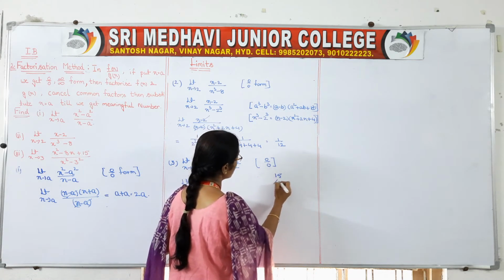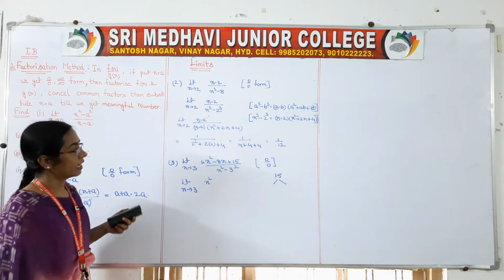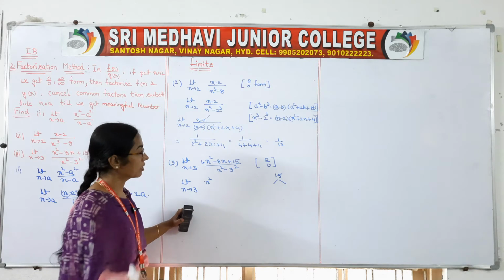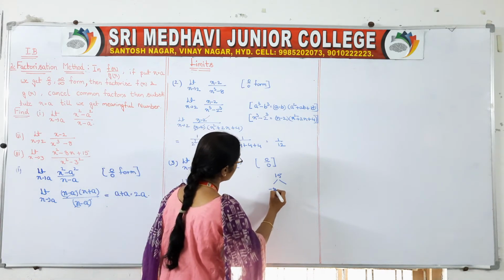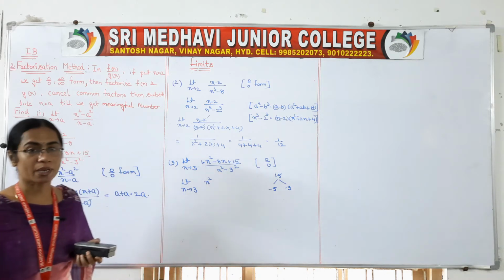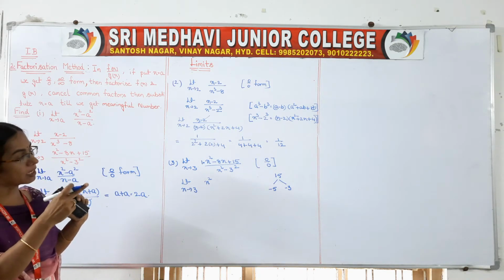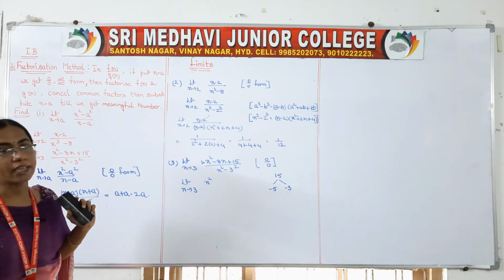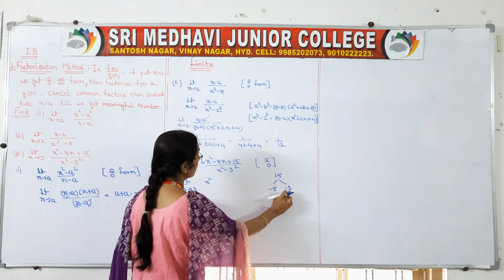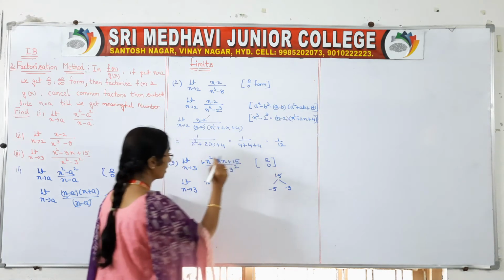Now we have to select two numbers whose product is 15 and whose sum should be minus 8. So if I take minus 5 and minus 3, what happens? Minus into minus is plus, 5 threes are 15. If you add minus 5 and minus 3, it will be minus 8. So that's why we will take these values. Instead of minus 8, we will write minus 5 minus 3.